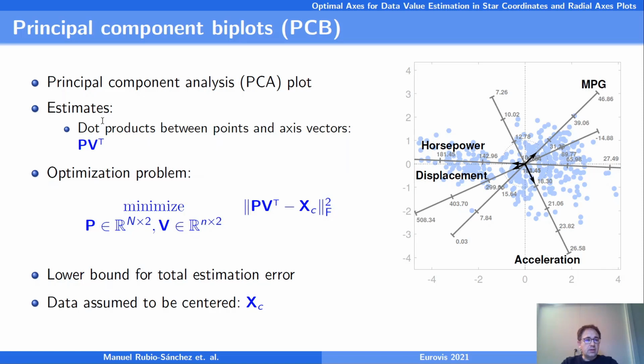Now, because the problem finds the points and the vectors simultaneously, it's going to provide the best possible plot regarding estimation accuracy. So it's going to provide a lower bound for the total estimation error across an entire data set.